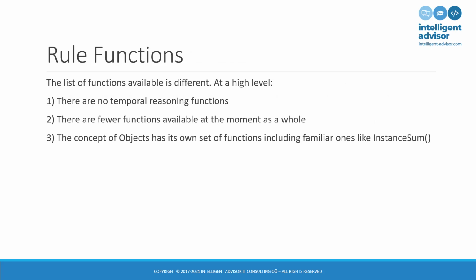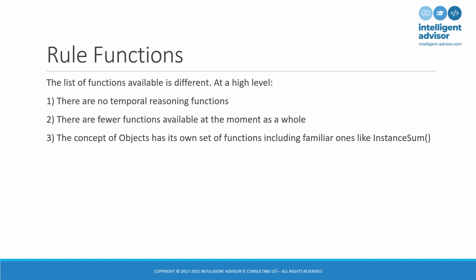Now let's look at other hands-on related changes. First of all, functions. The list of available functions is different. At a high level, there are, for example, no temporal reasoning functions. The notion of temporal reasoning does not exist in a decision service.